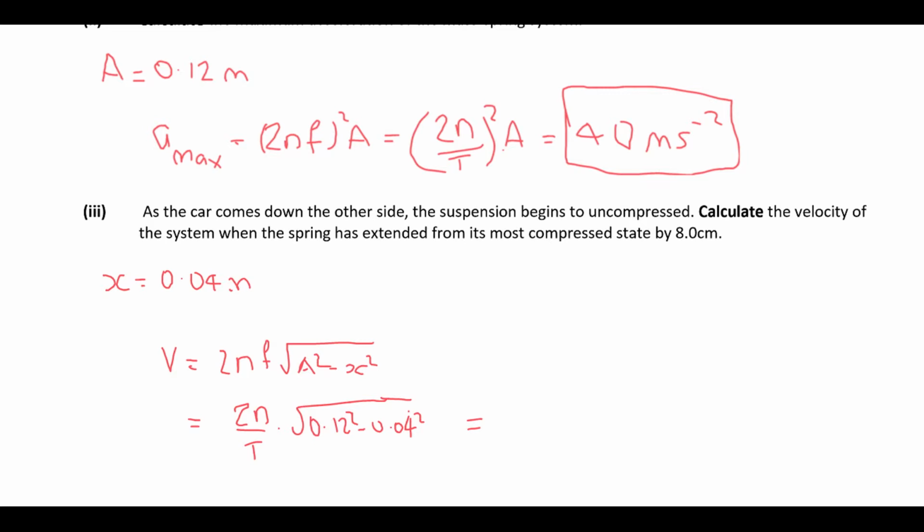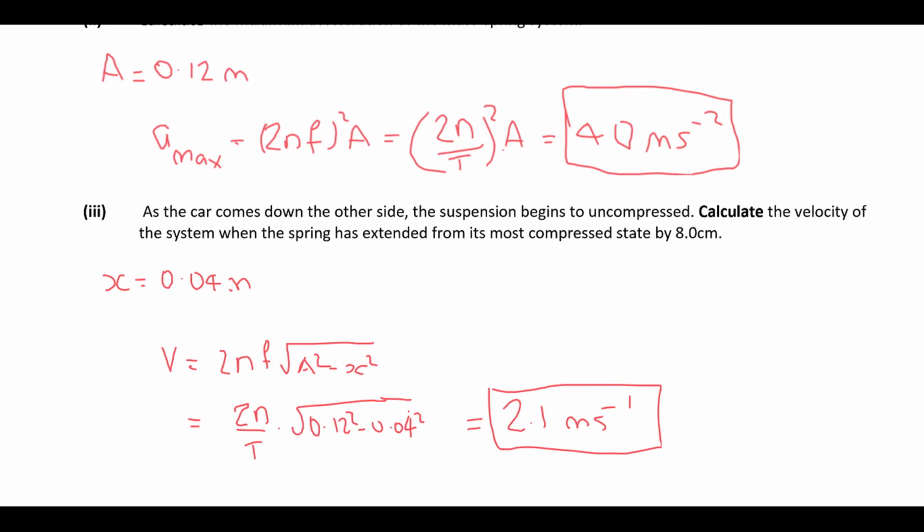So let's put that in: 2 times pi divided by 0.34, etc., times the square root of 0.12 squared minus 0.04 squared, close brackets, gives us an overall velocity of 2.09, etc. That's going to be 2.1 meters per second to 2 significant figures. That's the velocity when it's at a displacement of 0.04.